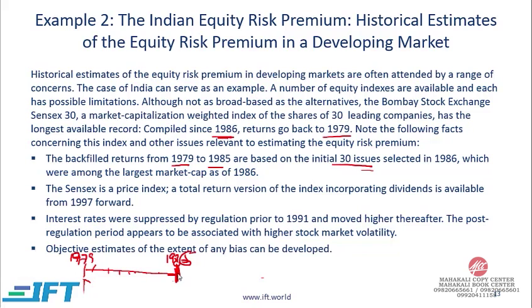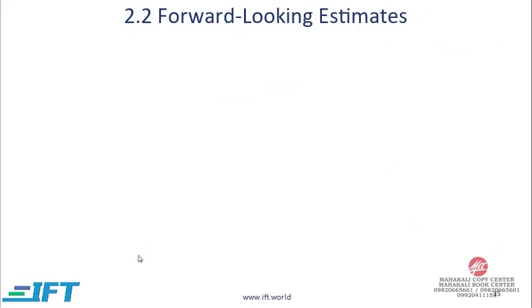So the point is this: if we had picked the 30 best companies in 1979 and taken them forward, then some of those might have dropped out. But what is happening here is we are starting in 1986 and taking 30 companies. So only the best survived, and then we are looking at the returns of the best. So clearly there is a survivorship bias, and the returns because of the survivorship bias will be overstated.